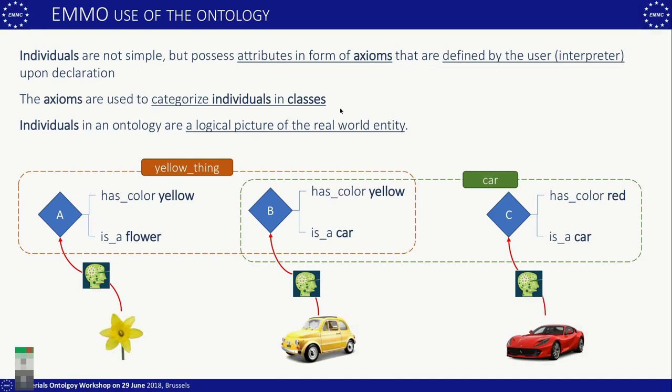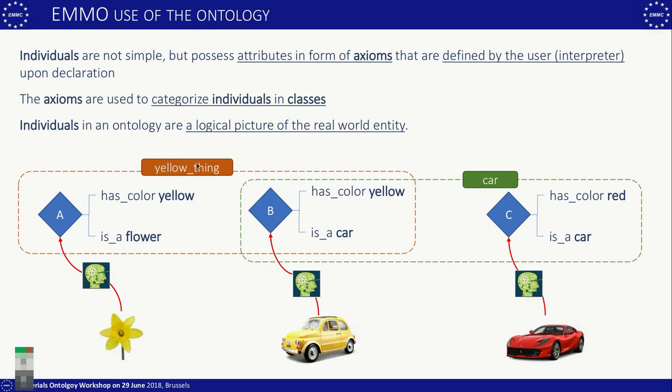The actions are used to categorize individuals in classes, and an individual in an ontology is a logical picture of the real-world entity. You can see here, for example, three individuals, A, B, C: a flower, a yellow car, and a red car. Depending on the properties, you can define classes that collect individuals by attributes.